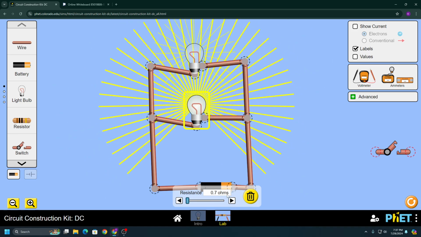How do I make it not on fire? Okay, 0.7 ohms. There you go. If I make the resistance really small, it's going to be really bright. Wait, that's not even what I want. I was gonna ask what's gonna happen to the power output if I lower the resistance, but I guess I kind of just gave it away because it's brighter.